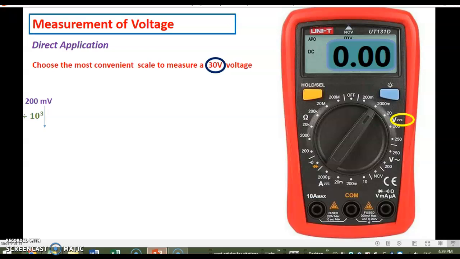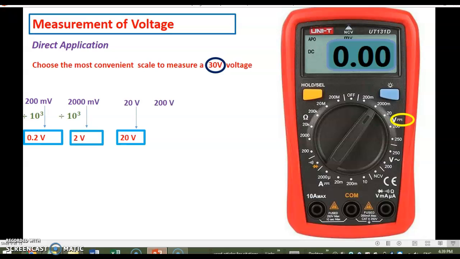We have 200 millivolts, 2000 millivolts, 20 volts, 200 volts, and 250 volts, as you can see them here. Okay, this range, because now we are going to deal with direct voltage in which the battery is the source of voltage. So we have from 200 millivolts to 250 volts.